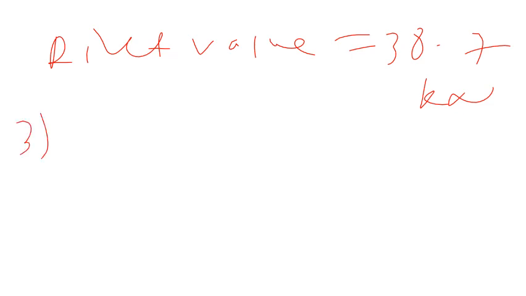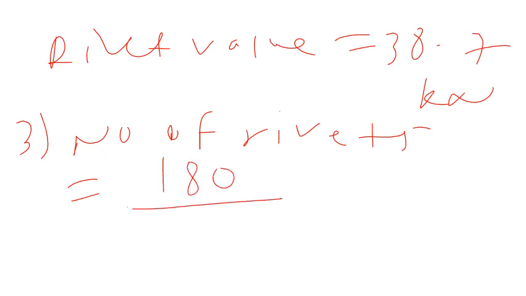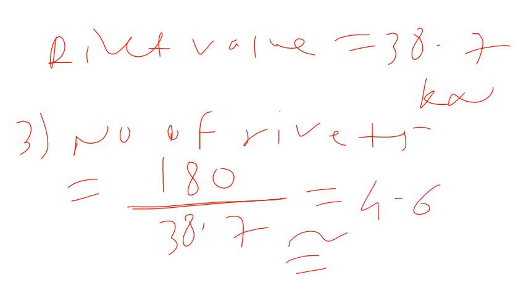Once we have the rivet value, the next job, or the final job we can call it, or maybe third step or fourth step, whatever, is to find out the number of rivets. So total force to be transferred is 180 kilonewton, and divided by the rivet value or force transferred by each rivet, this will give us 4.6 rivets, nearly rounded to 5 rivets, right?